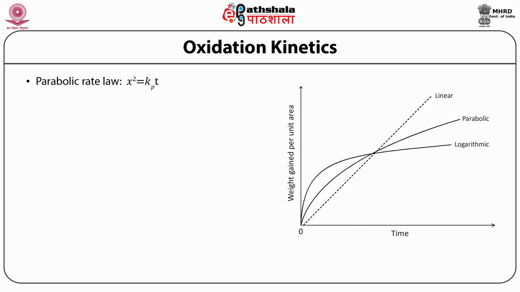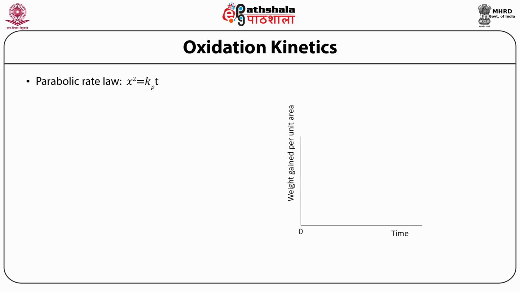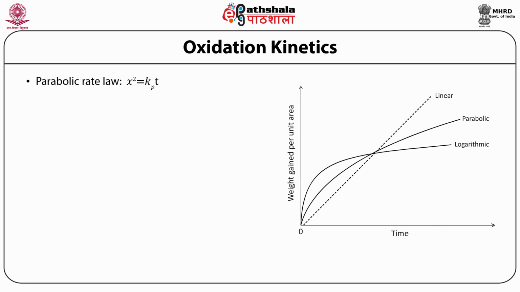The parabolic rate law can be derived rigorously, and mathematically it can be expressed as x squared equals kp multiplied by t, where x is the thickness of the oxide layer, t is the time, and kp is the parabolic rate constant.